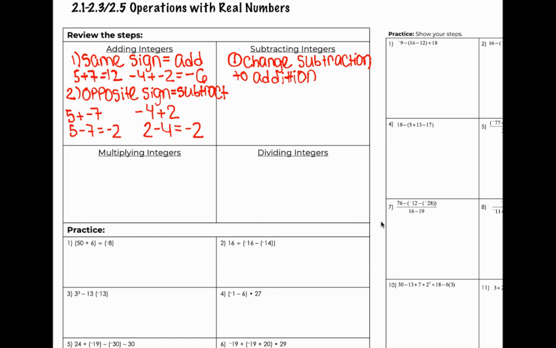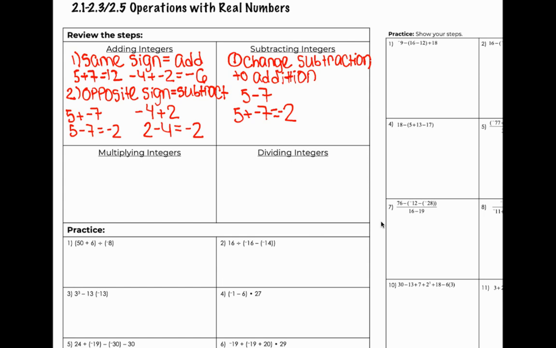So let's say that we had 5 minus 7. So I could go with 5 plus -7. So you can change it to addition, and then you have to change the sign of that second number. So because it was a +7, I made it a -7. And that would be -2.